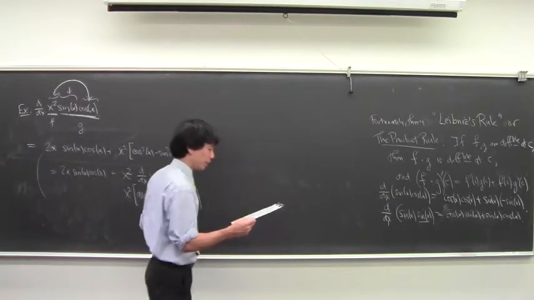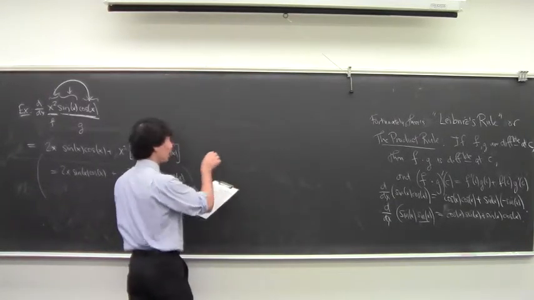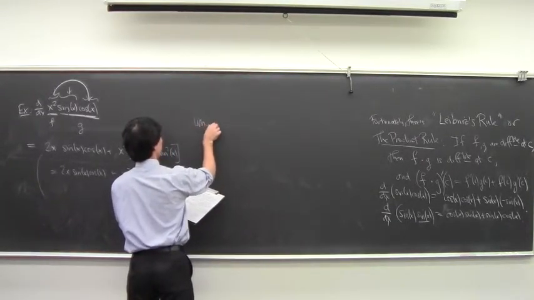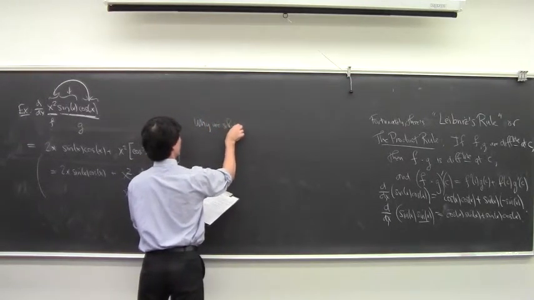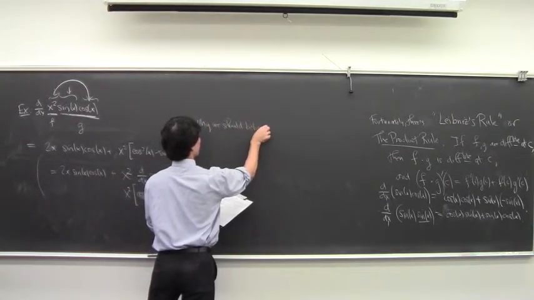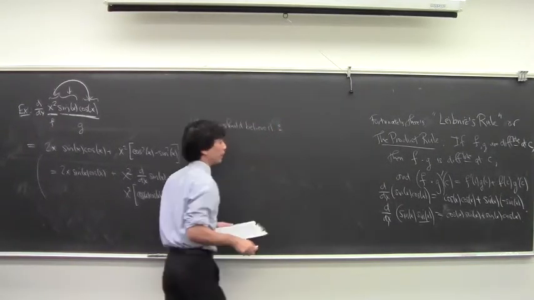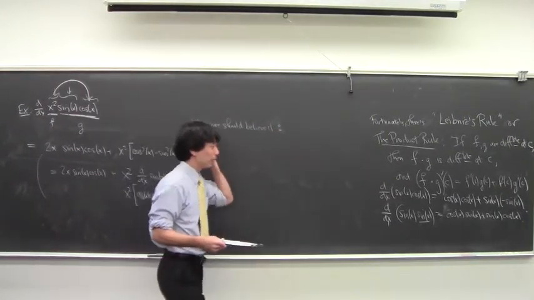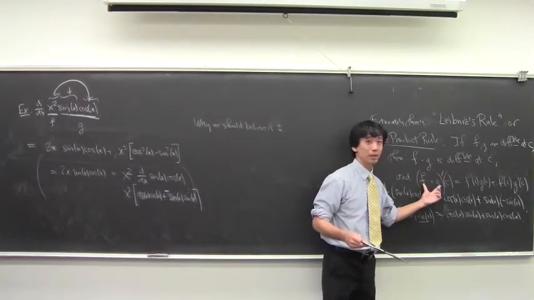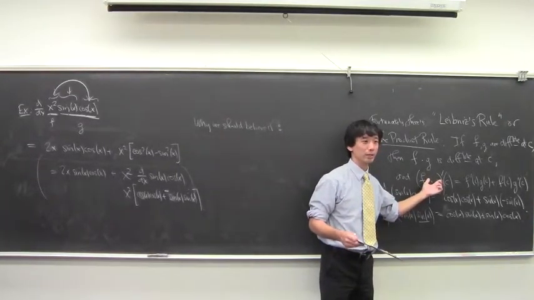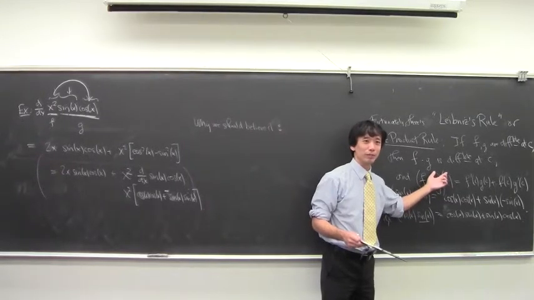Let me explain why we should believe it. Some people, when they're faced with the derivative of a product, say, well, shouldn't it just be the product of the derivatives?